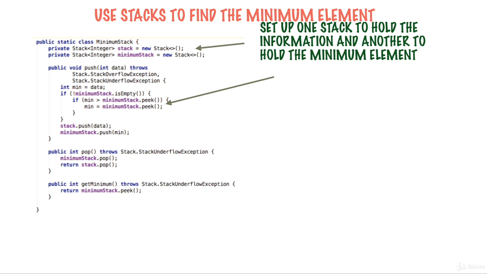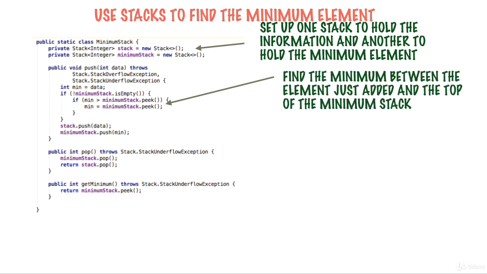Now, for every push operation, we basically peek into the minimum stack and see whether the element that's present in the minimum stack is smaller than or larger than the element we are seeking to push. If it is smaller, then we simply push that into the stack itself. If the new data that we are adding is smaller, that is the element that we push onto the stack.